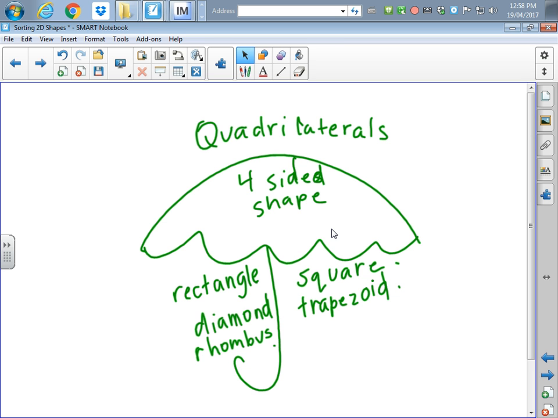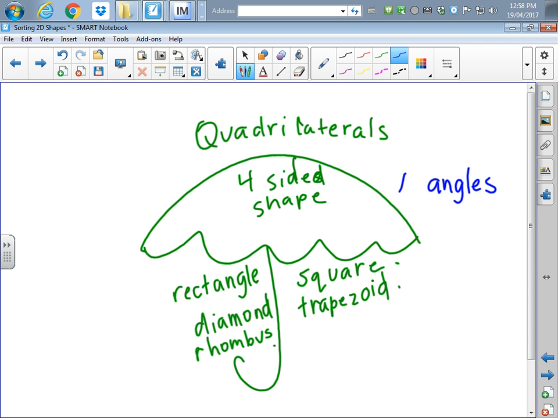But yes, we can look at the vertices. What's another word? What do we find in the vertices? The angles. So we could be looking at the angles. What else can we look at? Sophie? The sides.